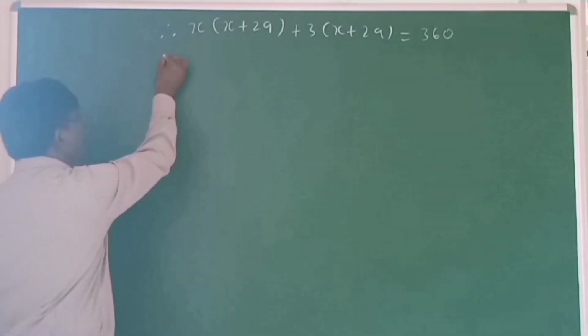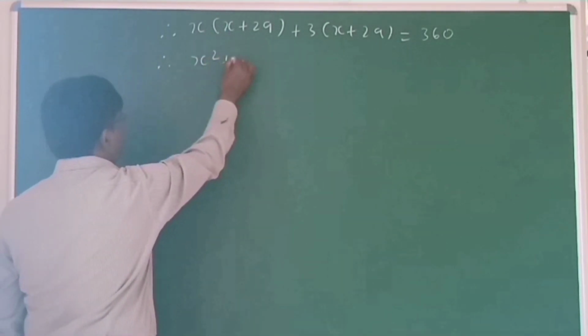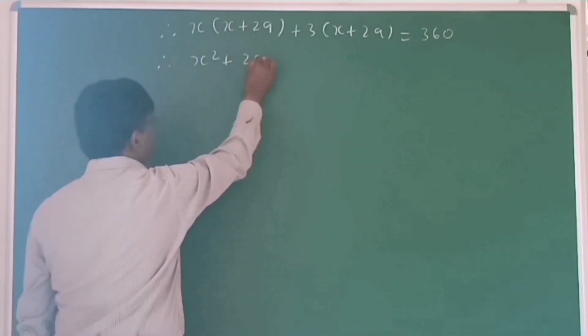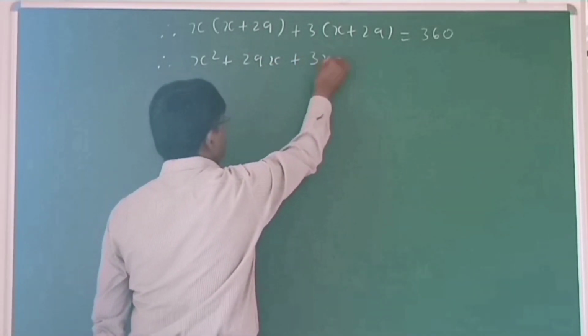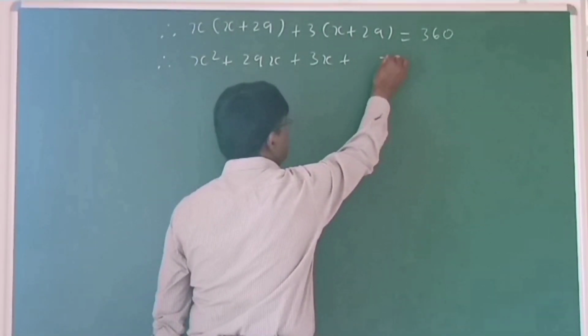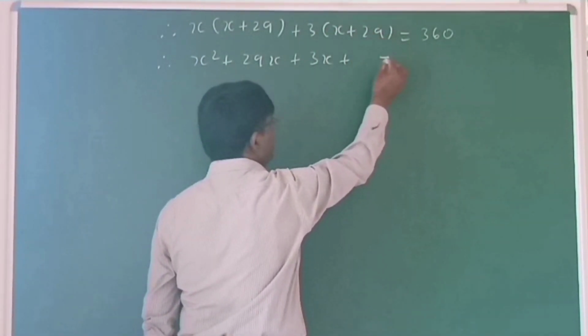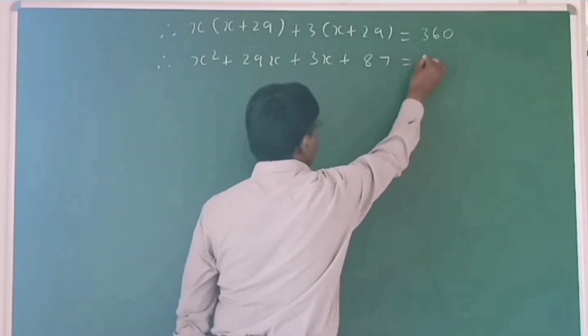Therefore, x into x, x square, x into 29, 29x, 3 into x, 3x, 3 9s are 27, 3 2s are 6 plus 2, 8, equal to 360.